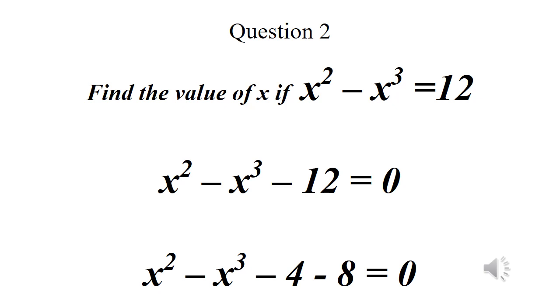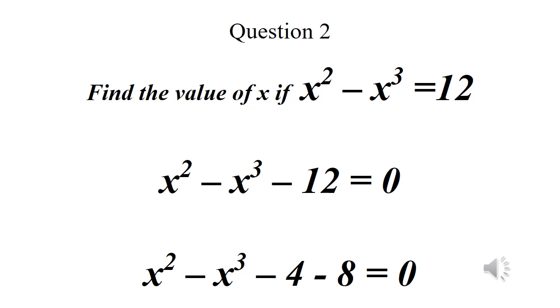Now we are to bring the constant 12 to the left side of the equal sign. So we can subtract 12 from both sides, and then we have x squared minus x cubed minus 12 equals 0.